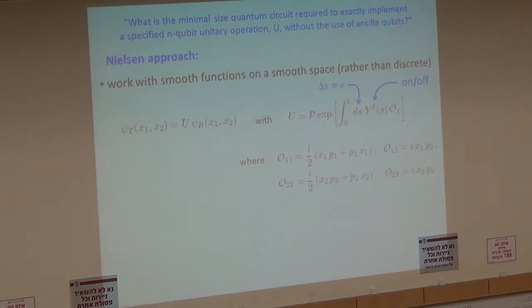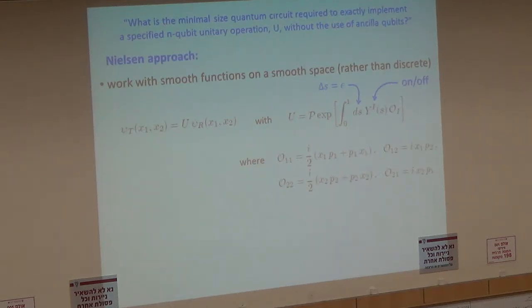You can think of those y's as I'm moving along this line of ds from 0 to 1, and the y's are functions telling me when I'm turning on a gate and when I'm turning it off. So you can think of those as some kind of on-off functions for each one of these operators. Those are roughly like the alphas that appeared as the exponents of our gates. And again, the idea is that that circuit is going to perform the desired transformation.